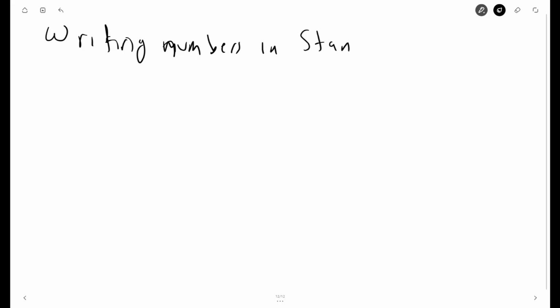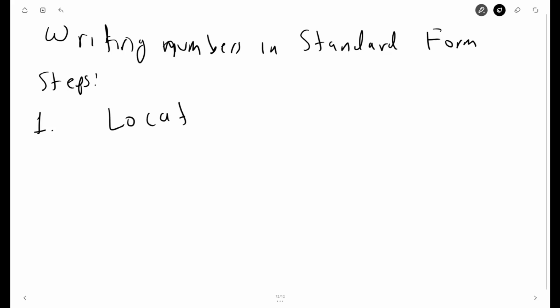On this second part of reading and writing numbers in standard form, we will be talking about writing numbers in standard form. So the steps are as follows. Step one, you're going to locate the decimal point.